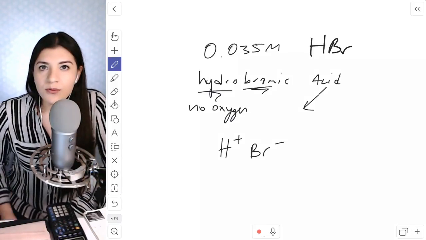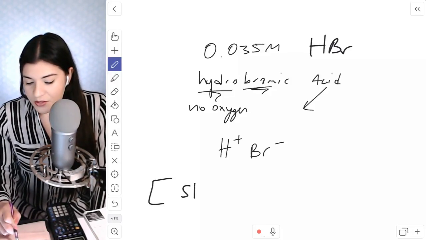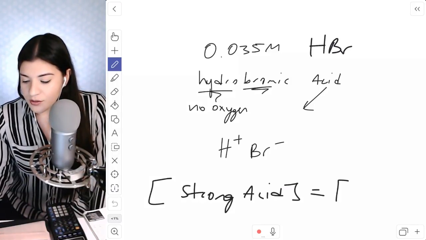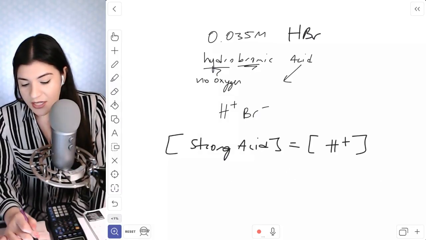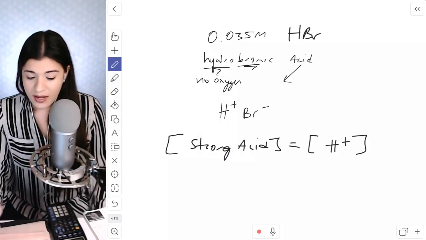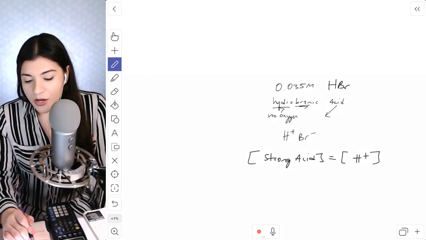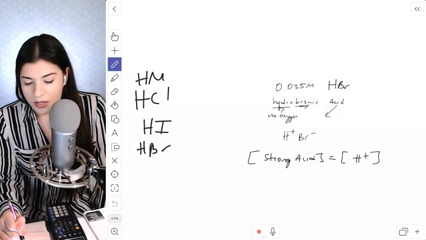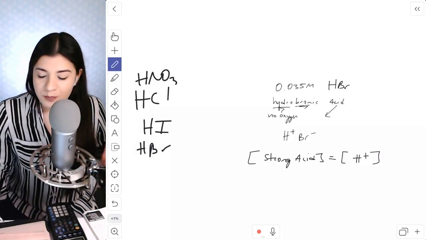This is something to also note. The fact that this is actually one of our strong acids tells us that if the concentration of a strong acid is given, then that equals the concentration of H plus. Okay, so in this case, since I know that yes, HBr is a strong acid, I can put some of the common strong acids that you would see. The common ones are HCl, HI, HBr, HNO3, and I believe there's several others, but those are the most common ones that I personally see.